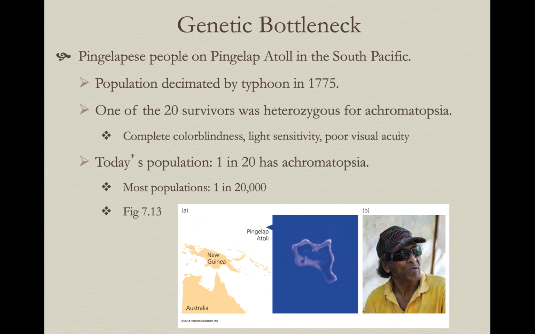So that's an example of how genetic drift can lead to a rare allele increasing in frequency, and importantly, and this is going to be very important when we talk about conservation genetics, even if this allele is not only not adaptive, but it actually is damaging to fitness in some way.